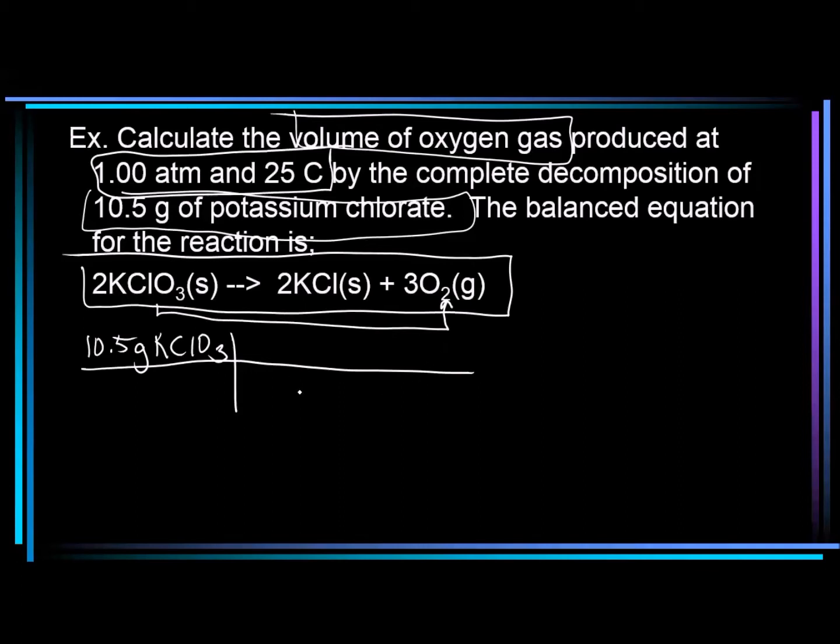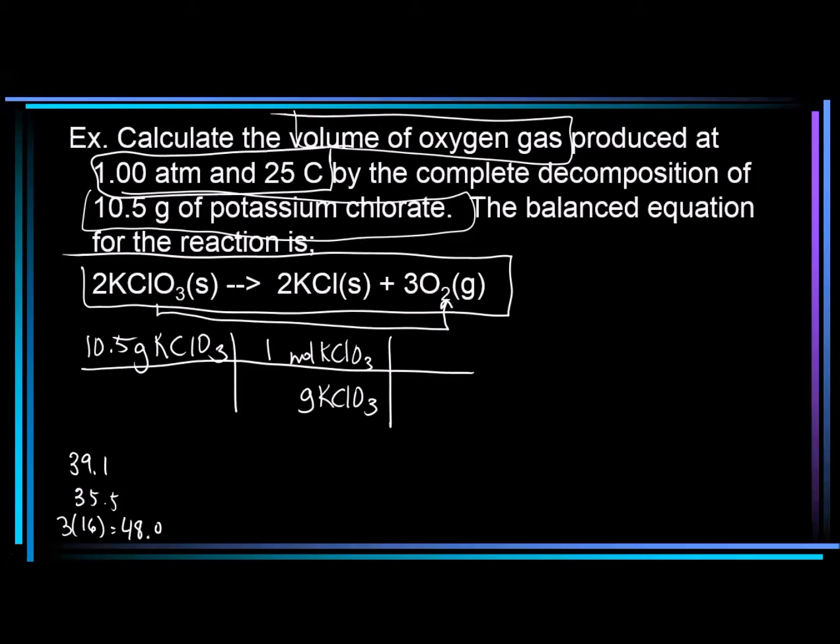First place I go to is the bank, where I will exchange grams for what? International monetary unit. And the bank will always issue me how many moles for how many grams? 1 mole for the formula mass. Potassium is 39.1, chlorine is 35.5, and 3 oxygens is 48.